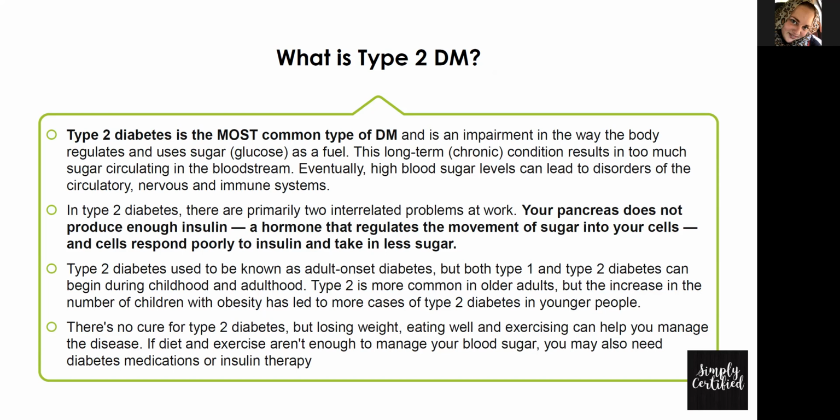And like I said, it's sharp. So imagine what it's doing to your nerve endings and your tissues. Type 2 diabetes used to be known as adult onset diabetes, but either type can come on during adulthood or childhood. There's tons of children out there now with type 2 diabetes. I'm talking about little kids.